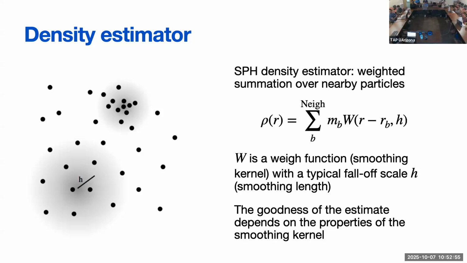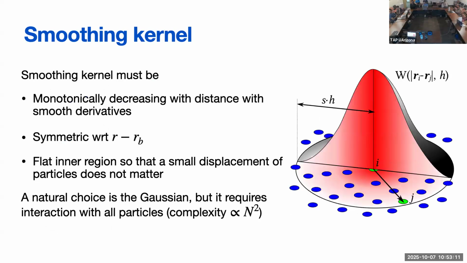Now the point is to choose a good smoothing kernel, a good functional form, to get the best density estimate we can. The smoothing kernel must have some properties. It must decrease with distance from the position where we are computing density.